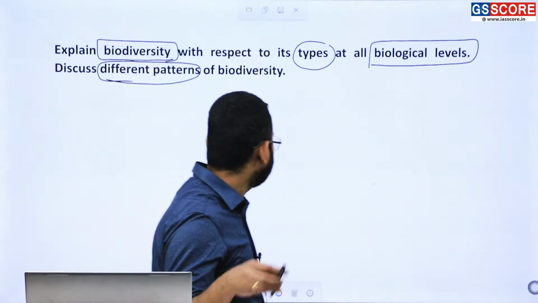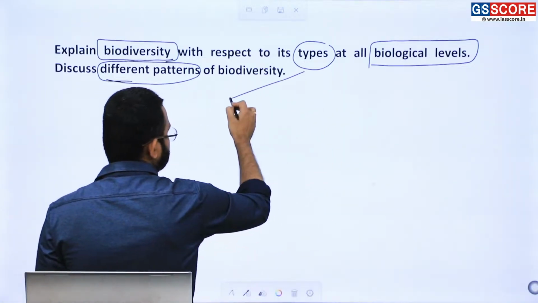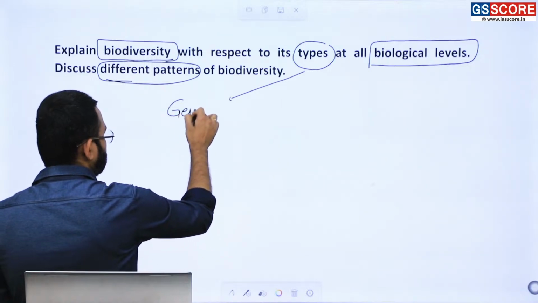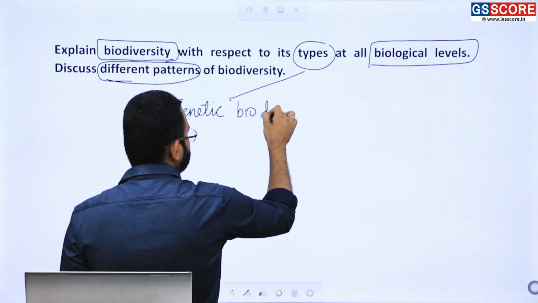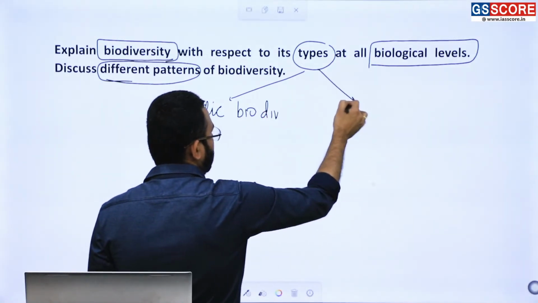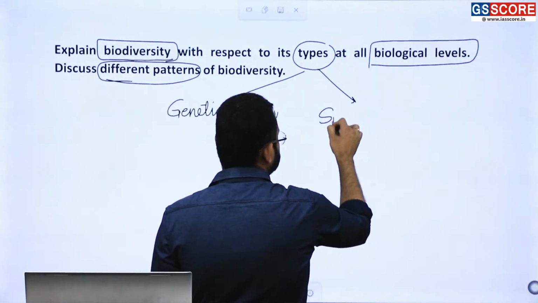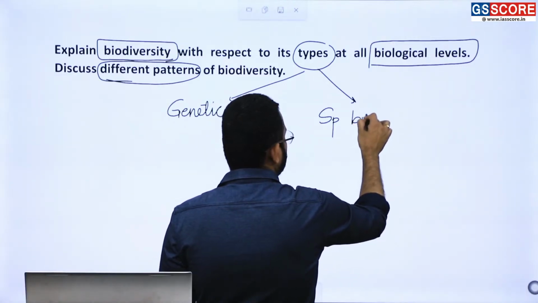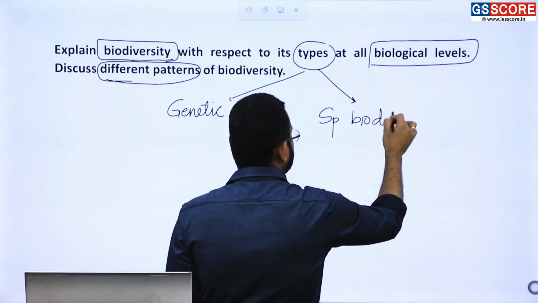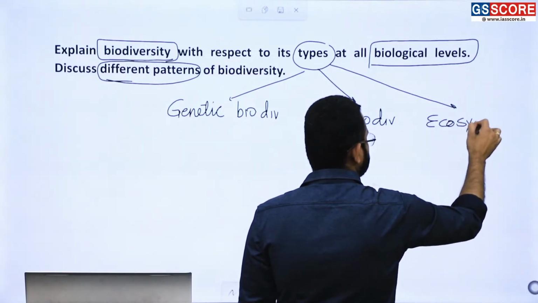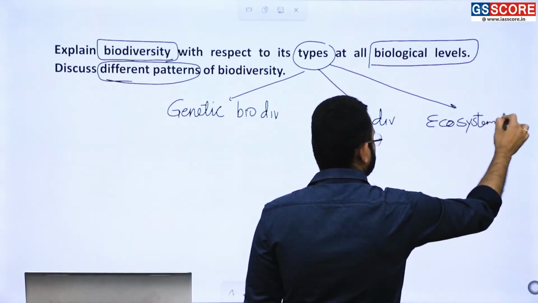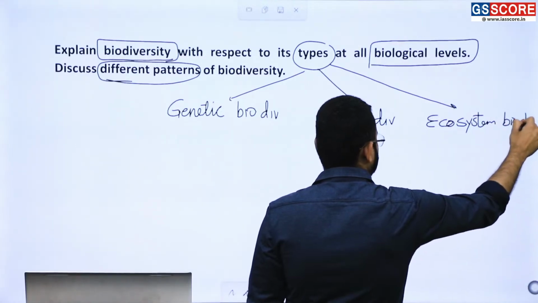So first type is genetic biodiversity, second type is species biodiversity, third is ecosystem biodiversity.